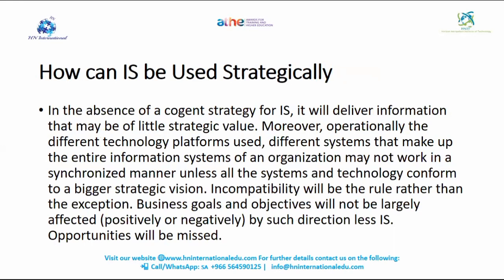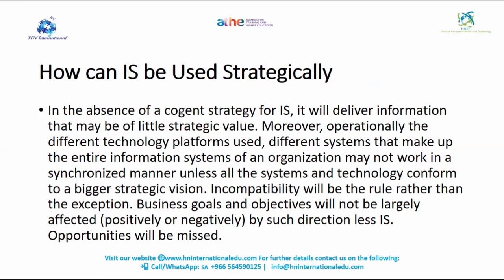So how can we use information systems strategically? In the absence of a current strategy for information system, it will deliver information that may be of little strategic value. Moreover, operationally, the different technology platforms used, the different systems that make up the entire information system of an organization will not work in a synchronized manner unless all the systems and the technology conform to a bigger strategic vision.